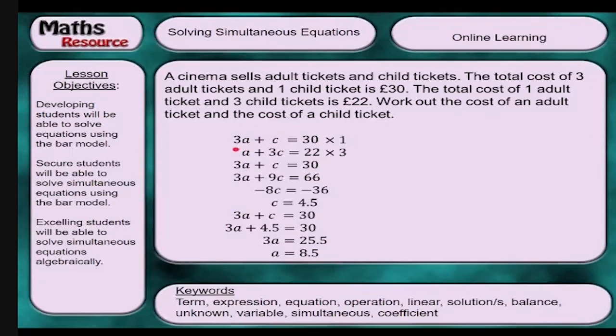The way I'm going to do that is multiply everything in the top one by 1, so I'm basically going to leave it, and multiply everything in the bottom one by 3. So 3A plus C equals 30. That's the top one. A plus 9C equals 66. So I've multiplied everything by 3 on this one.